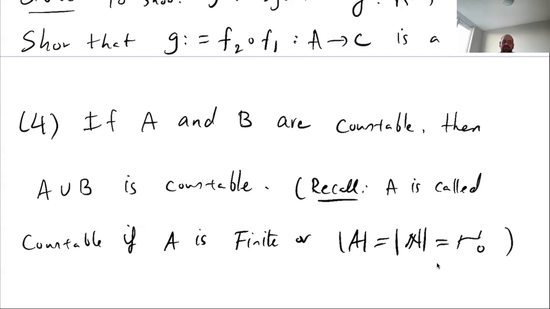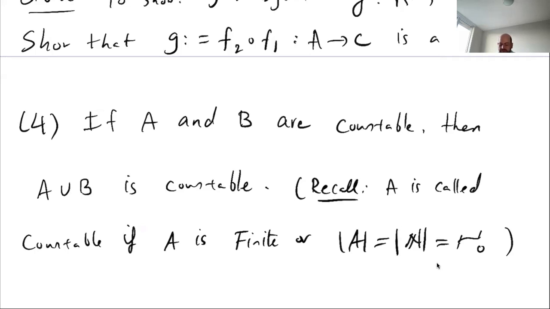So we saw some examples last time. For example, we saw that the set of integers is a countable set because the cardinality of integers is the same as the cardinality of natural numbers. Although in the beginning it may look like a bigger set, it's not bigger. Their cardinalities are exactly the same. Now, if I have two countable sets, their union will also be countable.